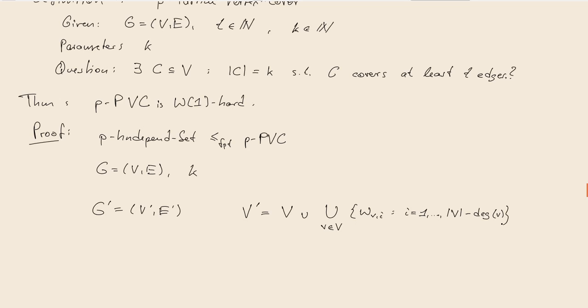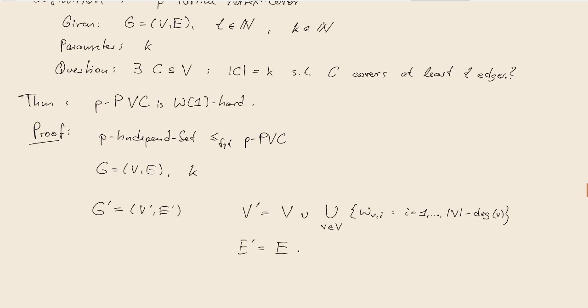So what we do is, if a node does not have all edges, we fill up with new nodes. And the new nodes are connected only to this old node.